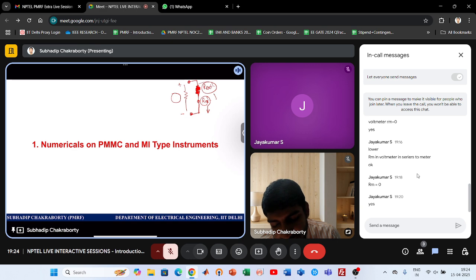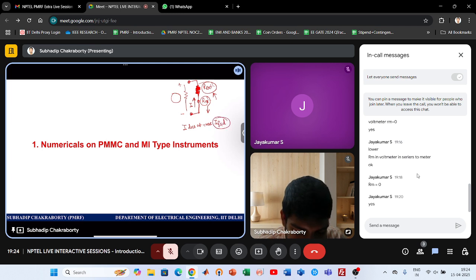This R external is also to be chosen in such a way that this current I does not cross IFSD. Do you know the meaning of IFSD? It is the full scale deflection current. Generally, with Rm being very small for the meter, the full scale deflection current is also very small.